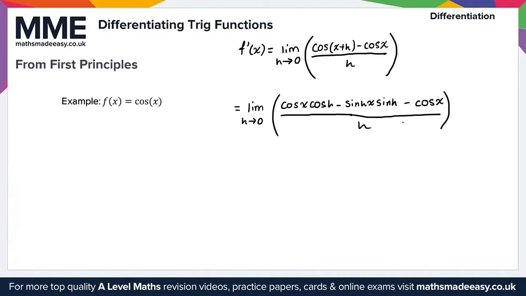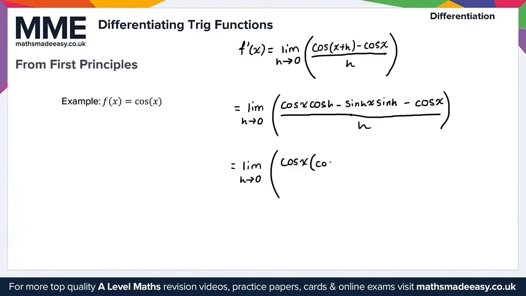So now, we need to take a look at our numerator and see if we can simplify this expression in any way. Here we notice we have cos x cos h minus cos x. So I can put this minus cos x with cos x cos h, and then we can factor a cos x out. So what we've got still is the limit as h tends to 0 of cos x, factoring this cos x out, times cos h minus 1.